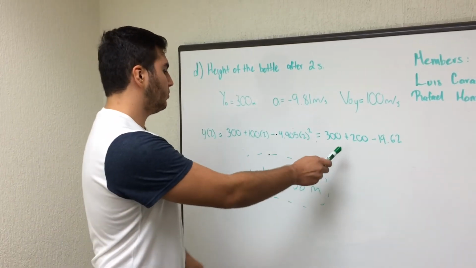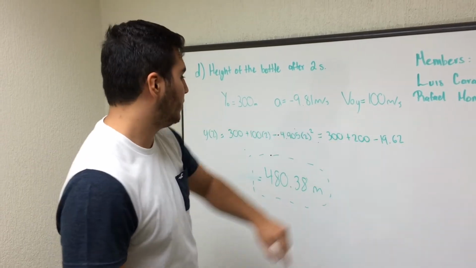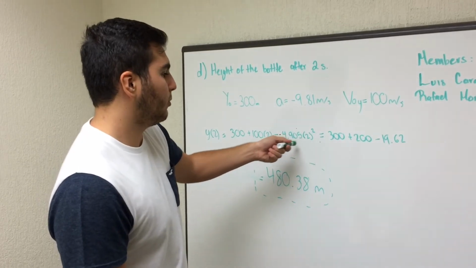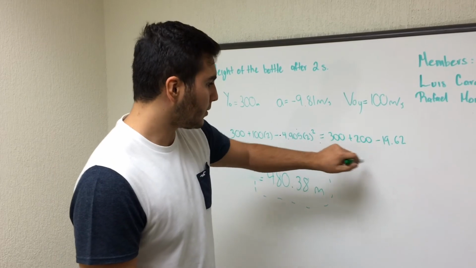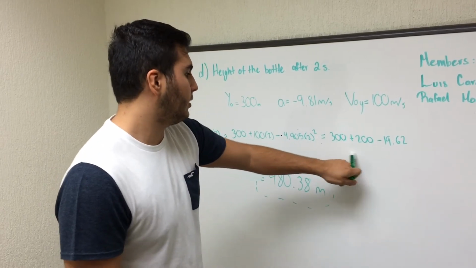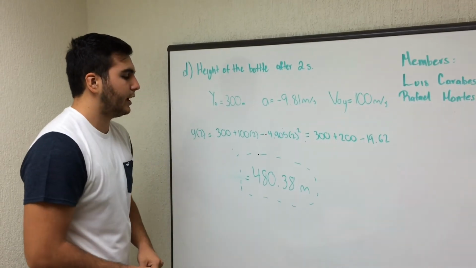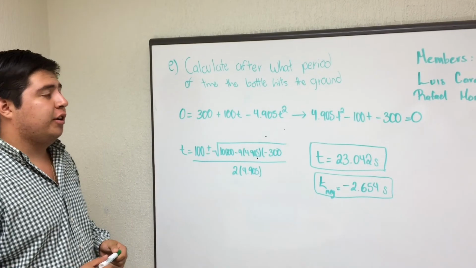So that is equal to 300 plus 200 minus 19.62. We only multiply by 2, and here we multiply by 2 squared. When we get this, the result of this equation is 480.38.